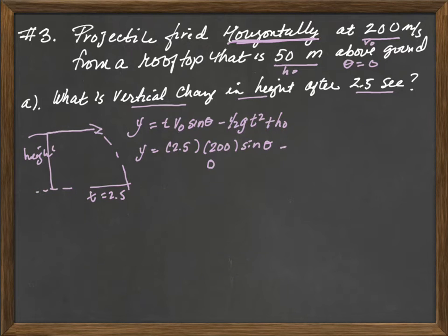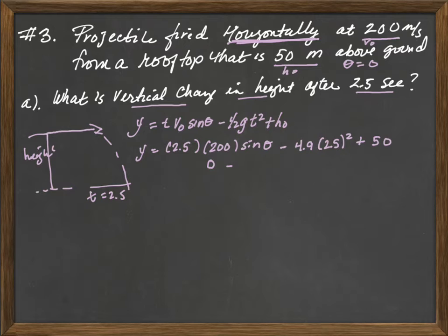Now we're doing meters per second. So that would be 1/2 of 9.8, or 4.9, times 2.5 quantity squared, plus 50. So it's 0 minus 4.9 times 2.5 squared, plus 50.